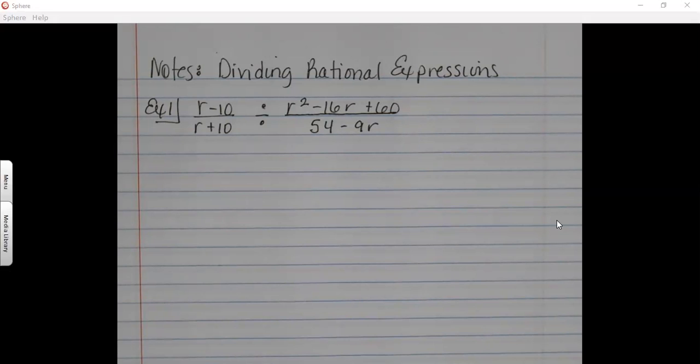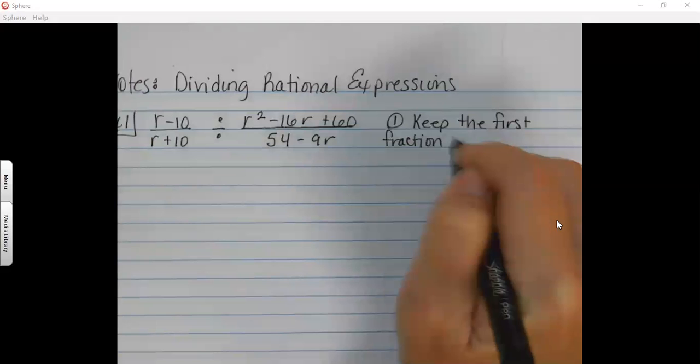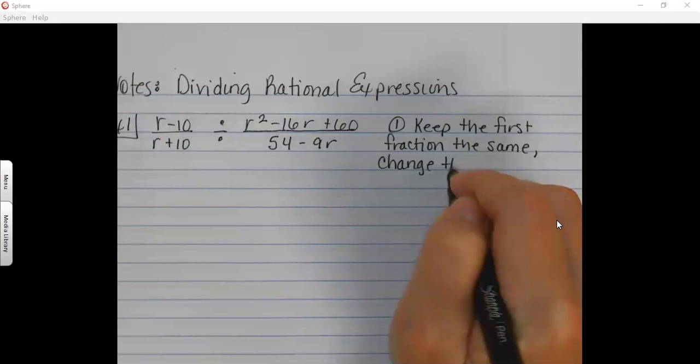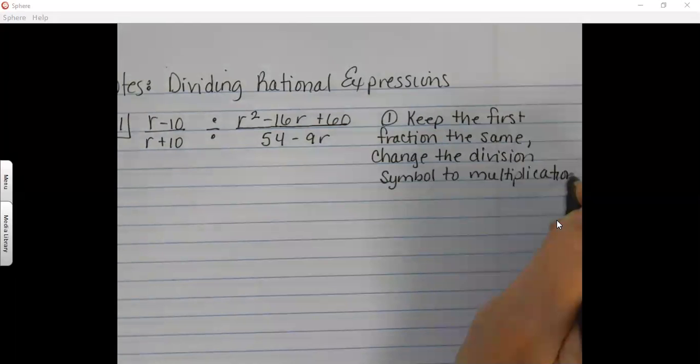I'm going to say, step 1, keep the first fraction the same, comma, change the division symbol to multiplication, and write the reciprocal of the second fraction.